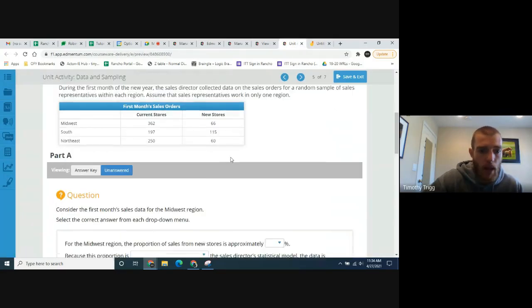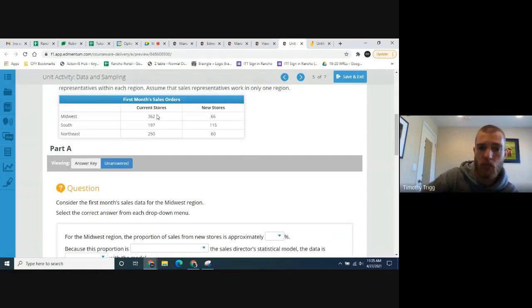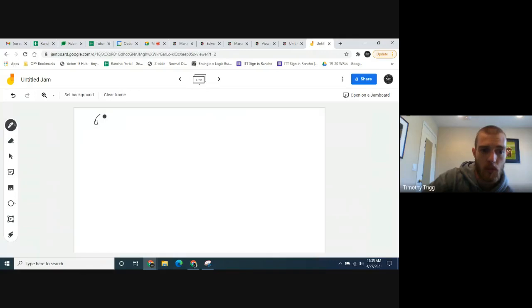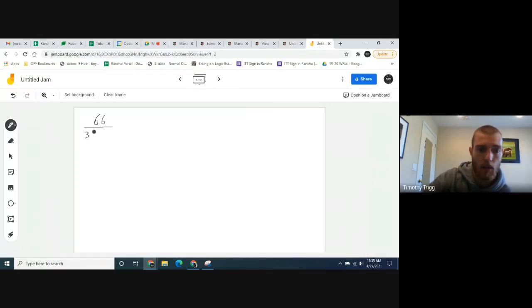Okay. For the Midwest region, the proportion of sales from new stores is approximately, so how much was from new stores? Well, 66 were from new stores, so 66 out of, and we want the total. So the total is these two added together, so 362 plus 66. So this is how many are from new stores, and how many total orders.